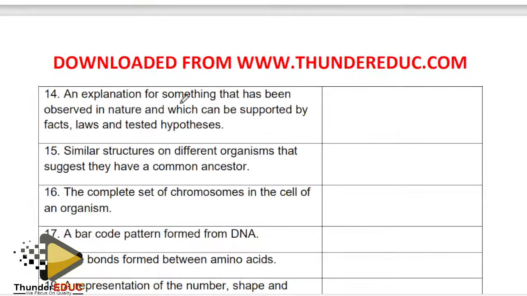Then an explanation of something that has been observed in nature and which can be supported by facts, laws, tested hypotheses. Remember, when they ask you this, it is either theory or hypothesis. If they say tested hypothesis, the answer is not hypothesis. The answer is the theory.